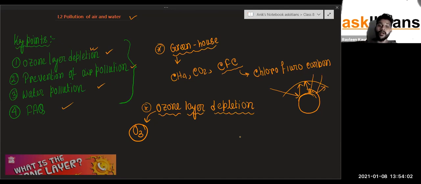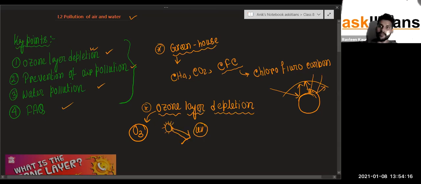So let's draw a sun like this, and the rays that are coming, we call it UV ray. Do you know the full form of UV? It is ultraviolet. Ultraviolet ray, UV ray, and IR ray, which is called the infrared ray.